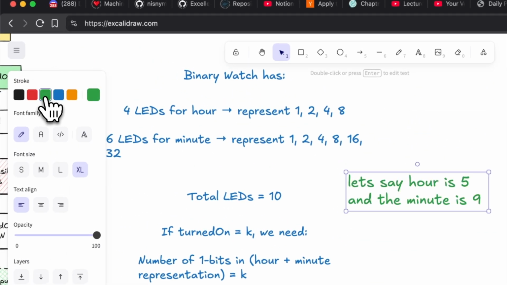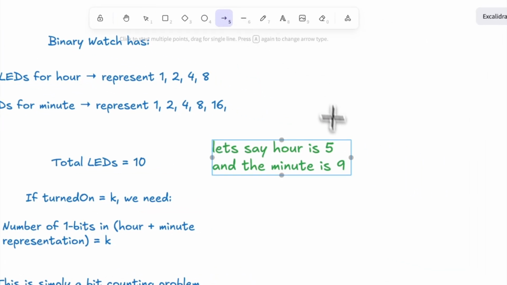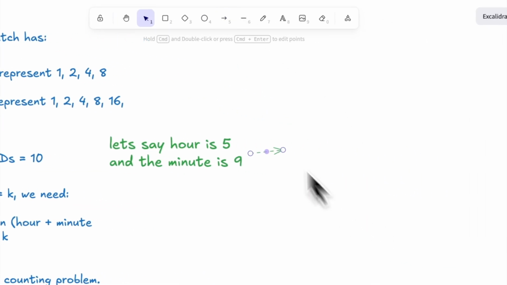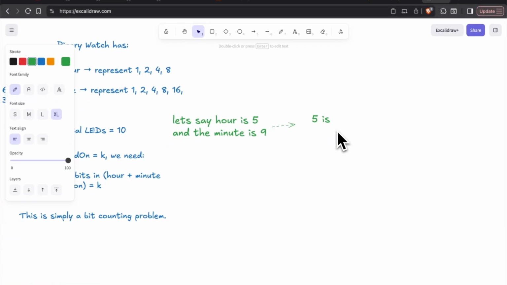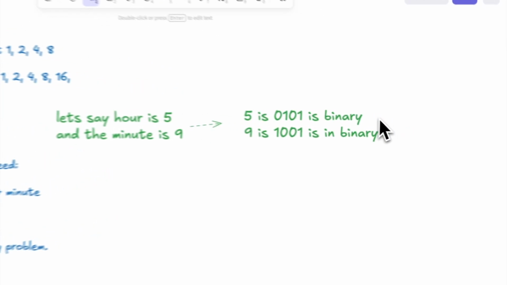5 is literally 0101 in binary, and 9 is 1001 in binary.